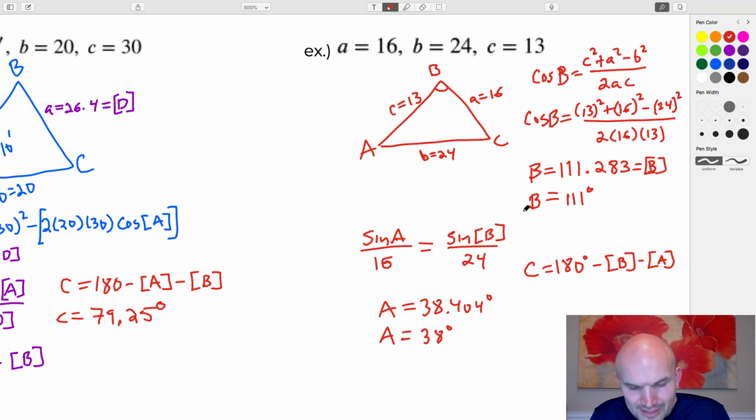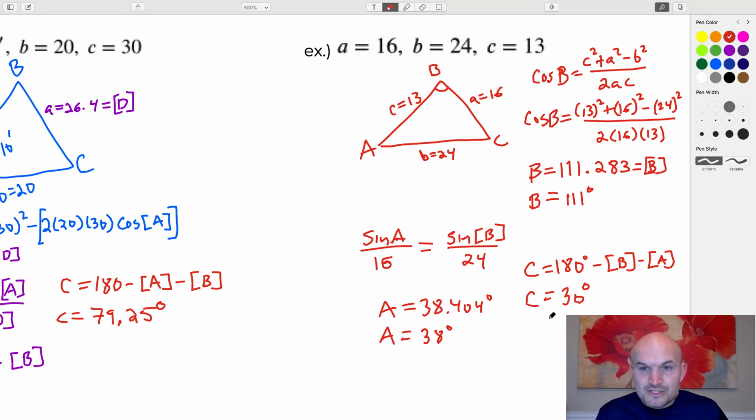I'm just trying to get people in a good mindset of not using rounded answers, making sure that they're using these stored answers. But in reality, since we're going to round again to the nearest whole, there's not going to be much difference, and again we get 30.3, which rounds to 30 degrees. So C is going to equal, let's just do a rounded answer, 30 degrees.